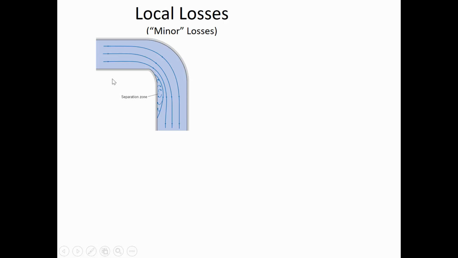Like I mentioned in the lab yesterday, the cause of this localized reduction in energy is the fact that when water is changing direction, there's a separation zone where there's turbulence inside the fitting. And that turbulence is kind of like an internal location where the flow diameter, the effective flow diameter, is decreasing.